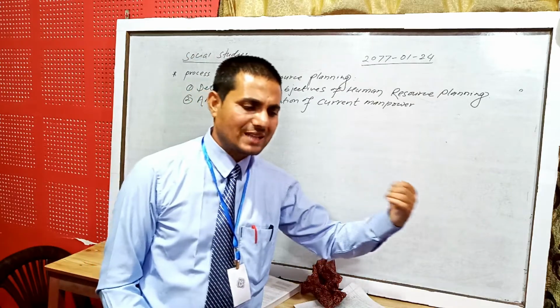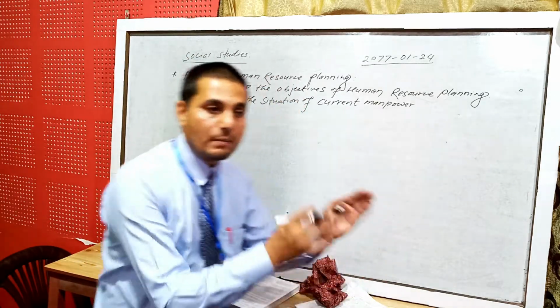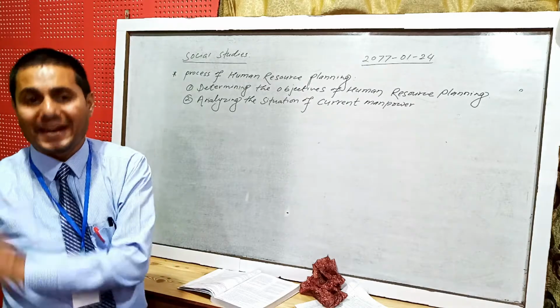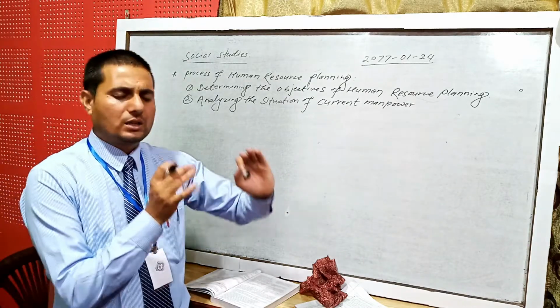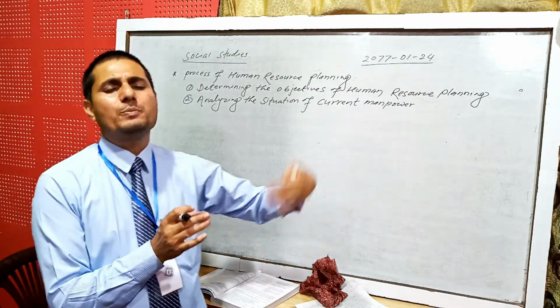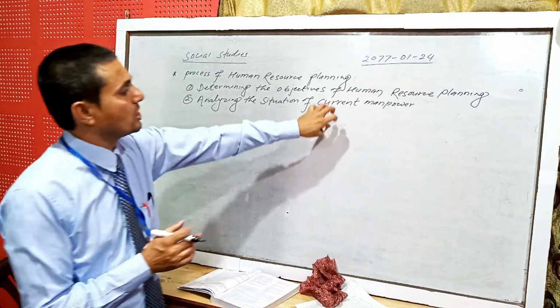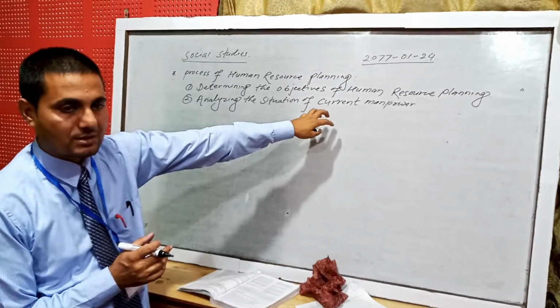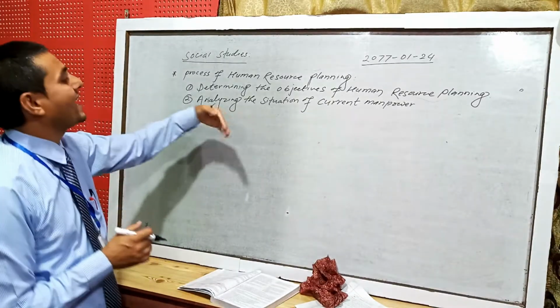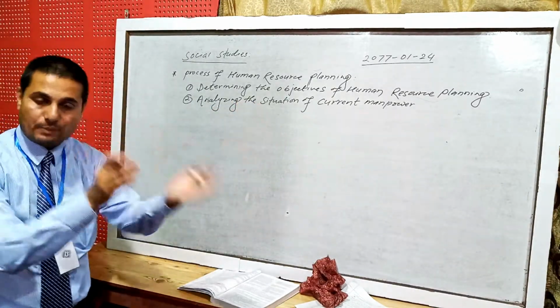How many manpowers are employed there? How many employees or workers are to be reduced from the institutions or the company or the organizations? What types of manpowers are there?